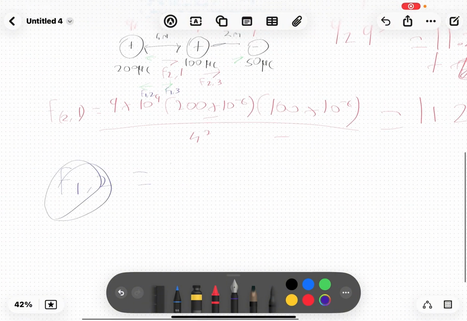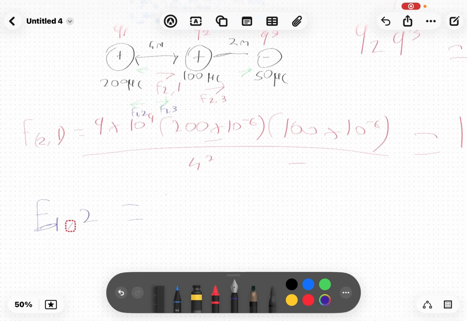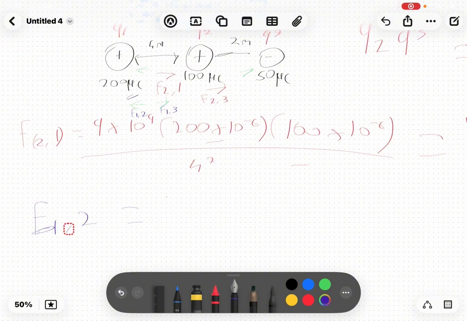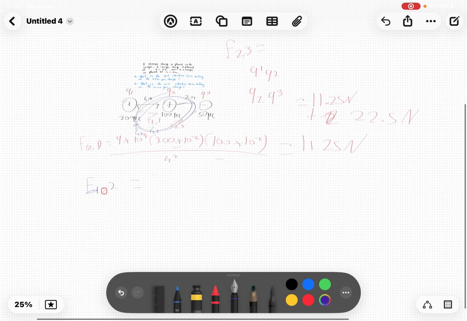In this case it's going to be a negative, because left and right, guys, remember. It's going left, so it's a negative. When we add them, it's important because we're adding this one. Over here, they were both positive, so it didn't matter. So over here, we know it's a negative 11.25.